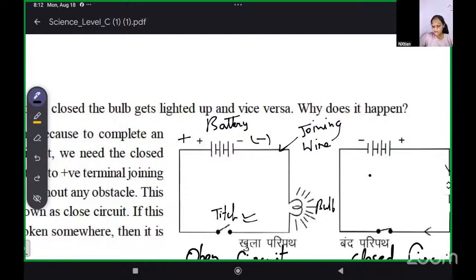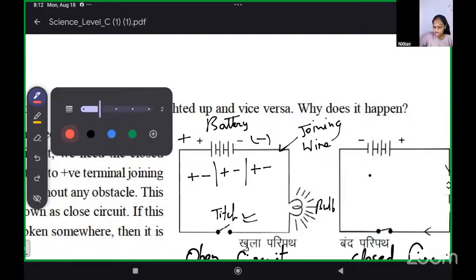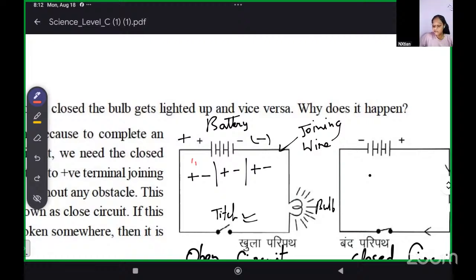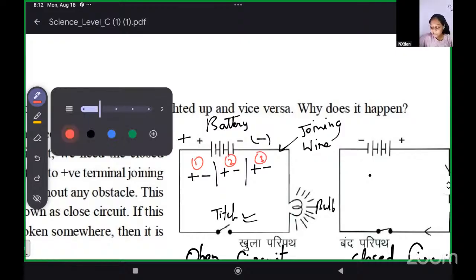It will be positive, negative, one cell, then another cell, positive, negative, then another cell, positive, negative. So three cells are joined together here: first cell, second cell, and third cell. This together has formed my one battery.